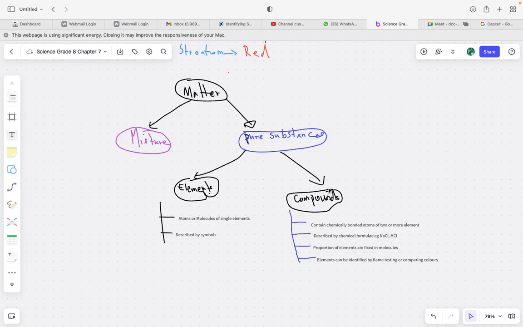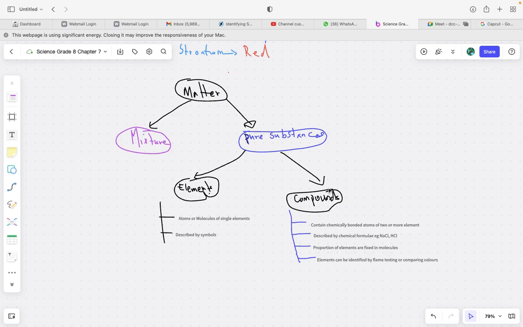We say elements are made up of atoms or molecules of a single element, and they are described by symbols. Compounds contain chemically bonded atoms of two or more elements and are described with chemical formulas, like sodium chloride, hydrochloric acid, and H2SO4, which is sulfuric acid.